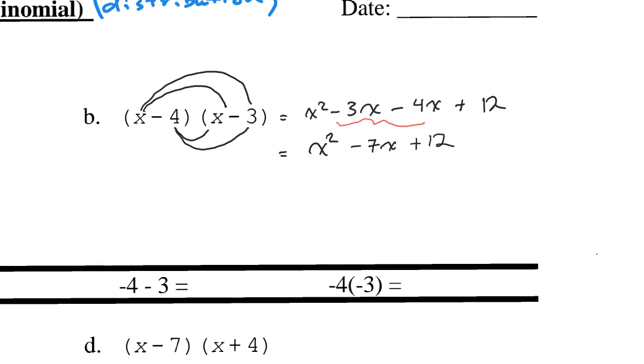You'll notice that minus 3 and minus 4 added together is negative 7. And we have negative 4 times negative 3 also gives us positive 12. Okay, so just be mindful of that as you're going through these calculations.